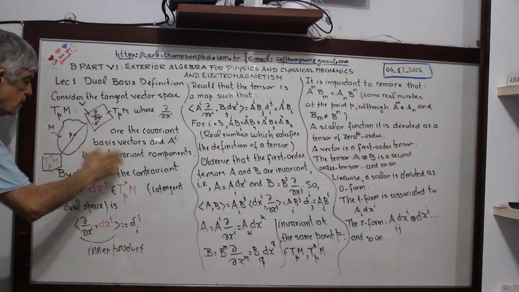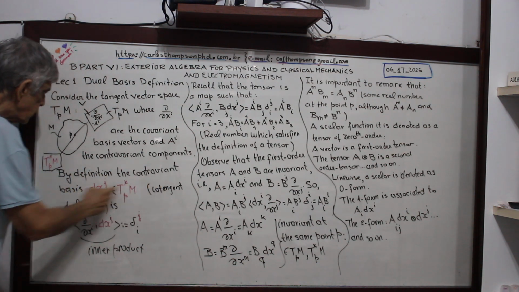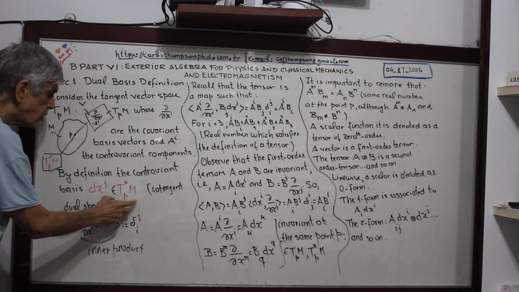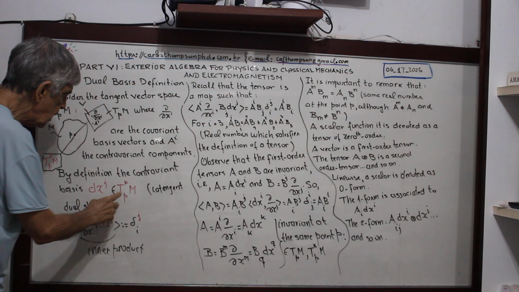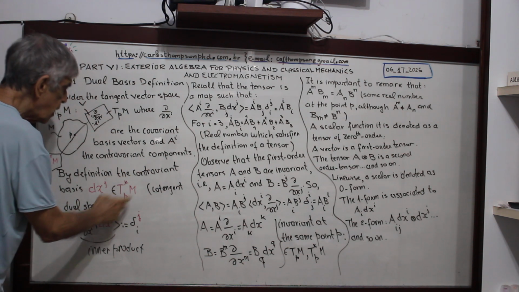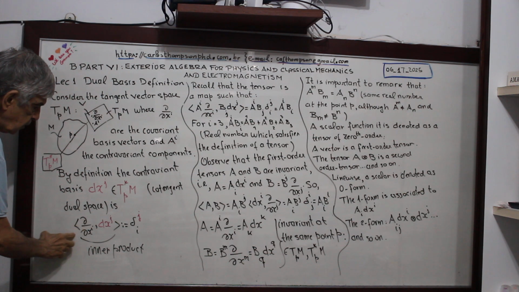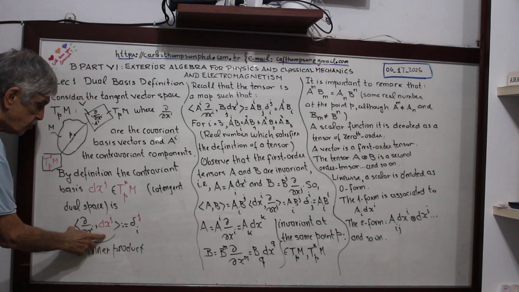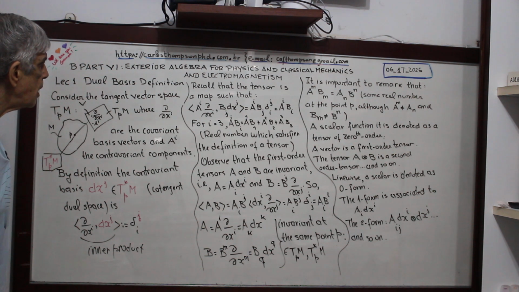Now, by definition, the contravariant basis dx^j belongs to the cotangent space, the dual space Tp asterisk M. Now the definition is the inner product of dx^i with partial xj is the Kronecker delta ij.